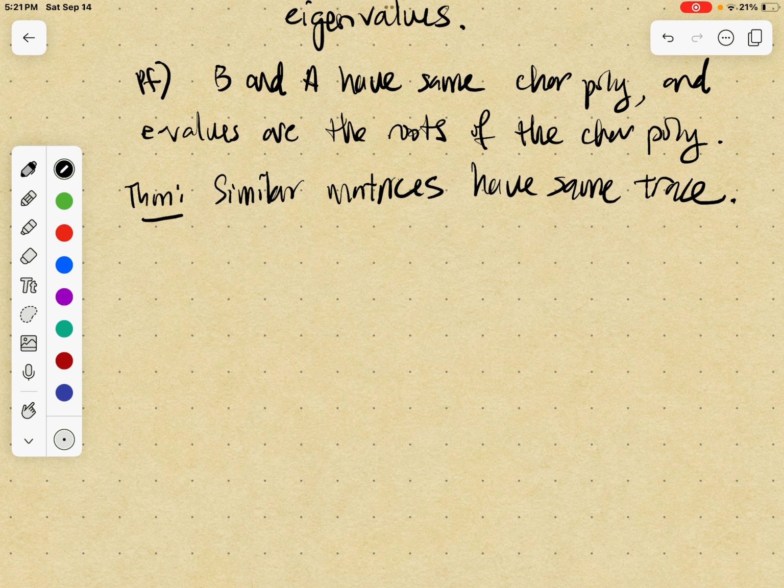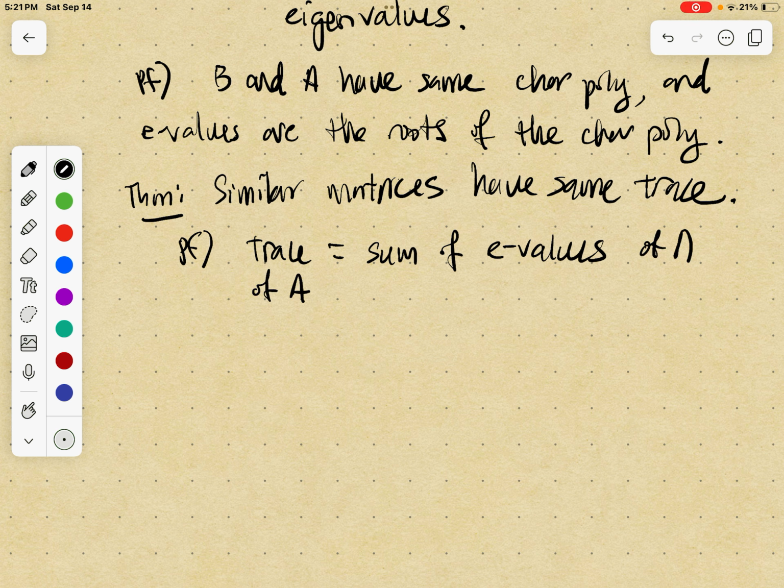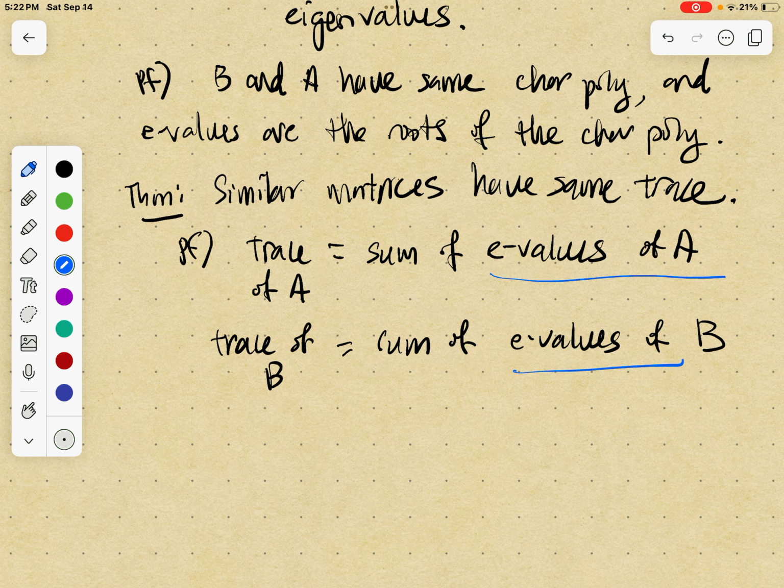And one proof of this is that we can view the trace as the sum of the eigenvalues, right? So the trace of A is the sum of the eigenvalues of A, the trace of B is the sum, and this is counting with multiplicity, the sum of the eigenvalues, and these include complex eigenvalues, of B, and now the eigenvalues of A are the same as the eigenvalues of B. So therefore, when you add them, you get the same sum. So that's the proof.